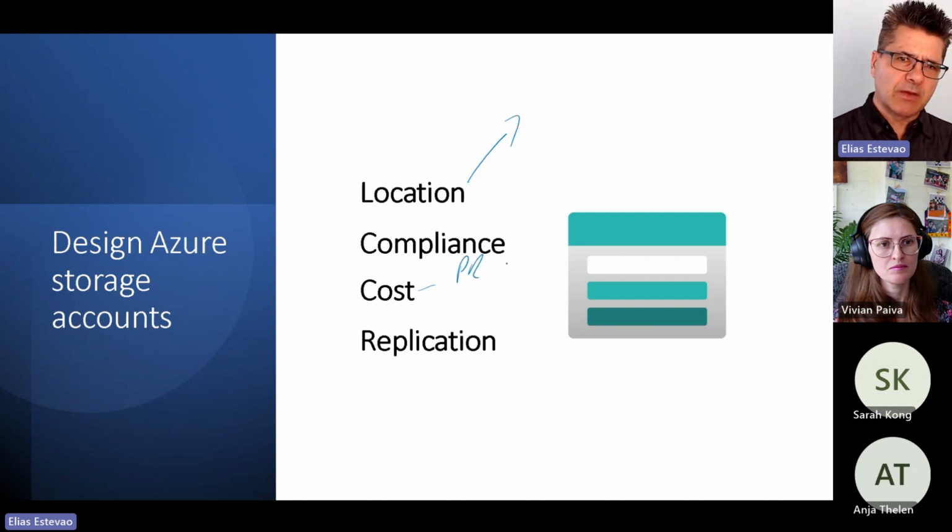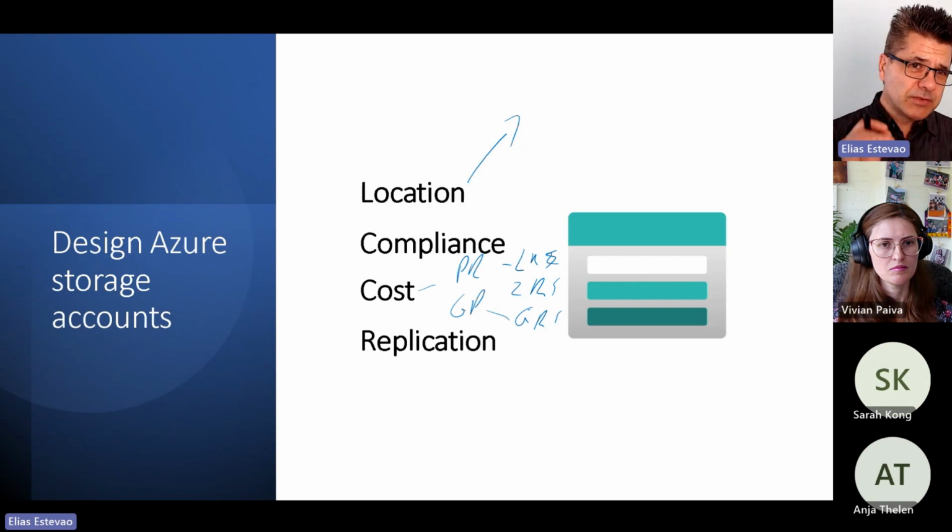I can replicate LRS, or I can also replicate ZRS, zone redundant or locally redundant. But if I get a general purpose storage account, now I can replicate anywhere, including GRS, which is geo-redundant storage across the geographic regions. So that's an important aspect.